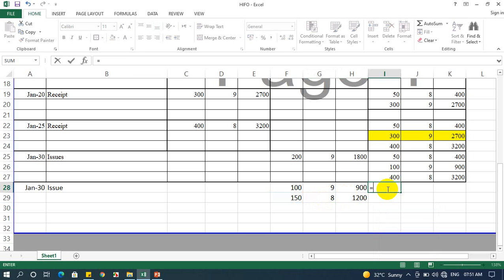So what is my balance left? 50 is the first one, right? At the rate of 8, 400, and out of 400 we sold 150, so 250 units at the rate of 8, which becomes 2000.